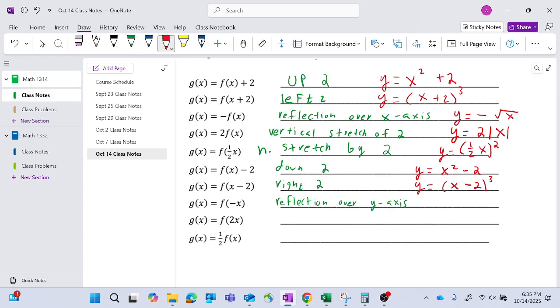An example can be y equals, let's make it the square root of negative x. That's what a reflection over the y-axis is. The negative is directly with the x, so it reflects over the y-axis or a horizontal reflection.